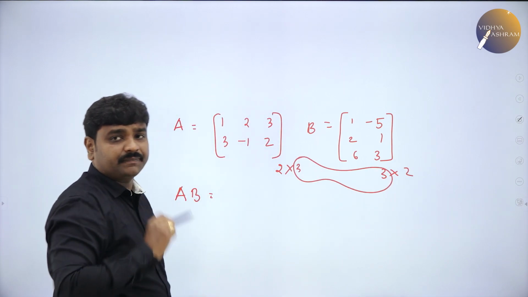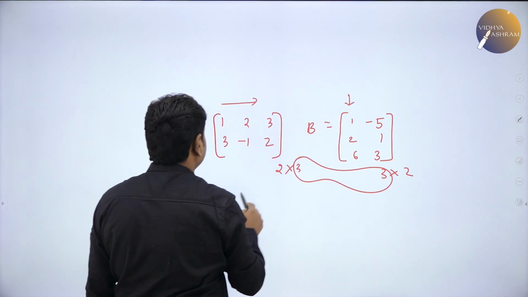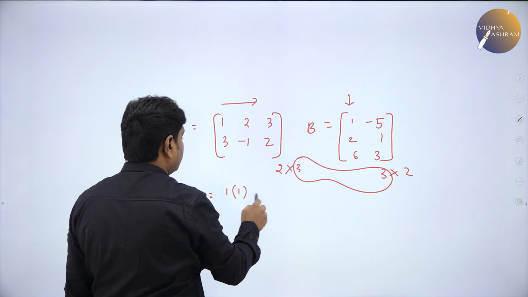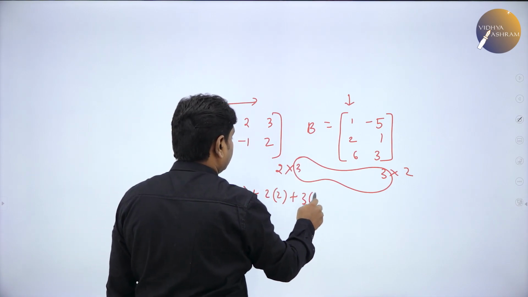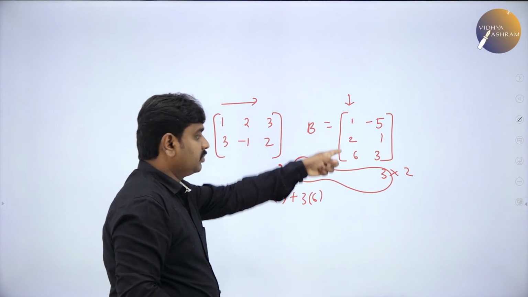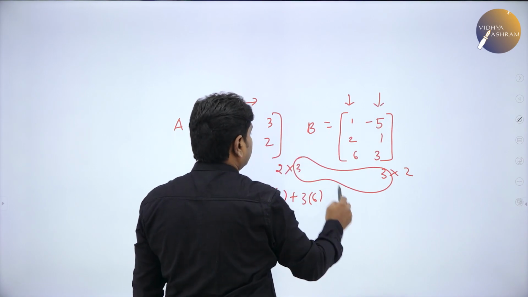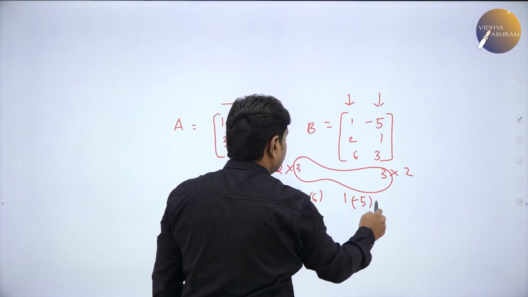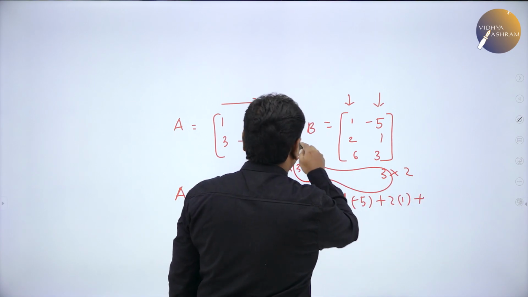Yes, I can multiply. How to multiply? First row with first column: 1 into 1 plus 2 into 2 plus 3 into 6. That gives you one element. Then first row with second column: 1 into minus 5 plus 2 into 1 plus 3 into 3.